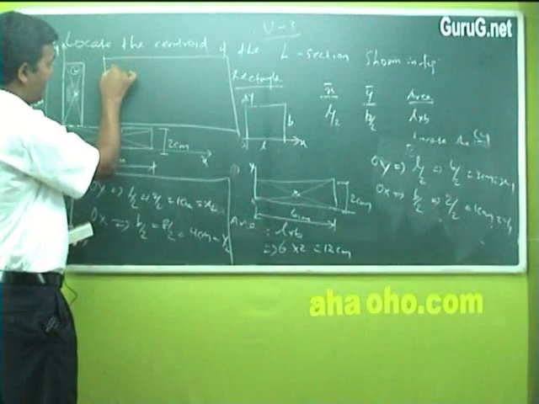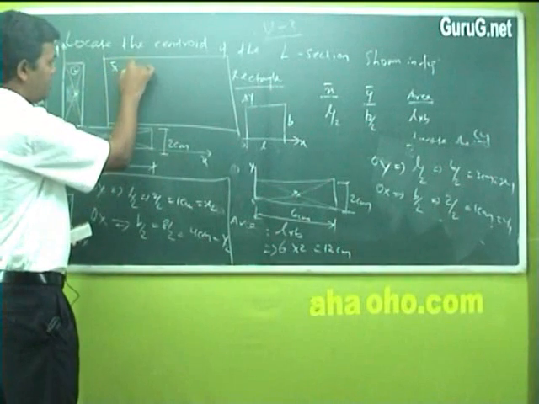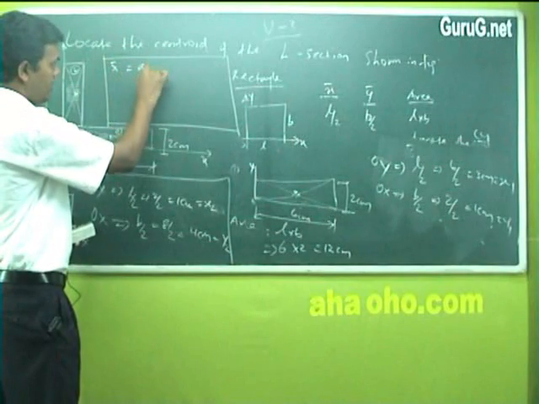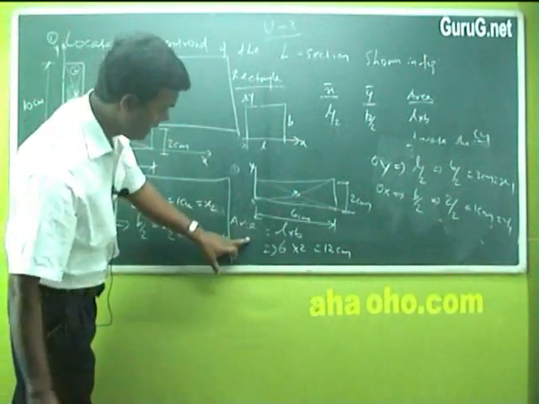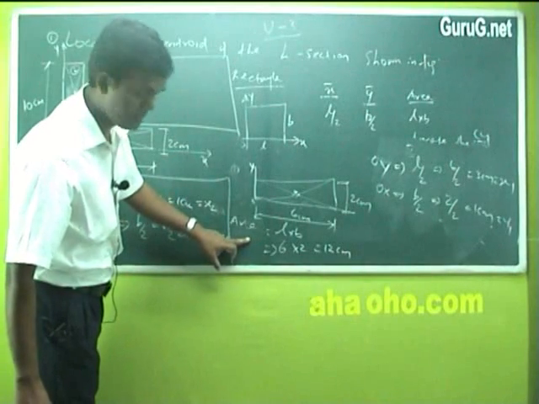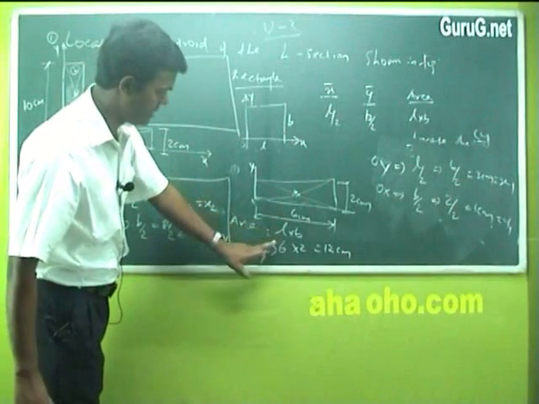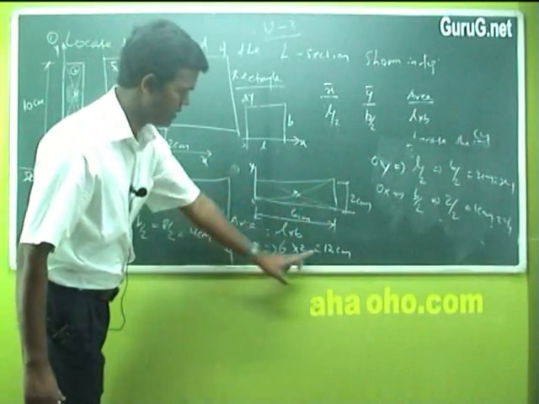Now I'm finding out my x bar value. X bar is a1, area 1, x1. Here I have written the area of one; a step I missed. Area for sketch number 1 is L into B, 12 centimeters.